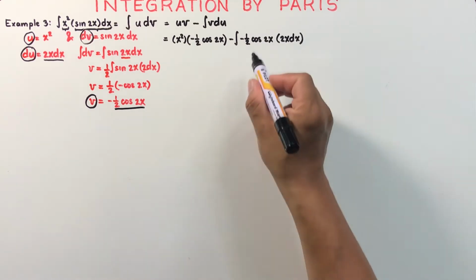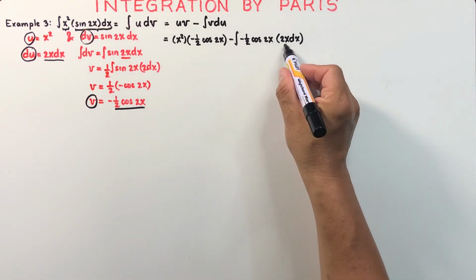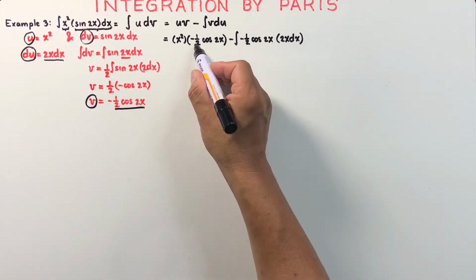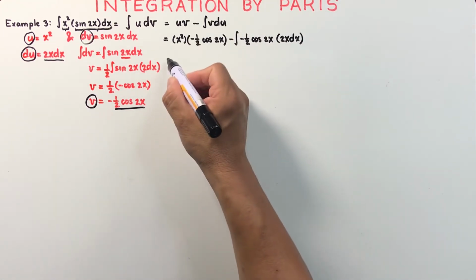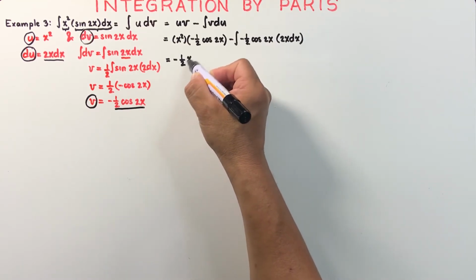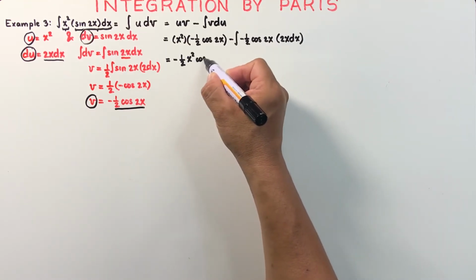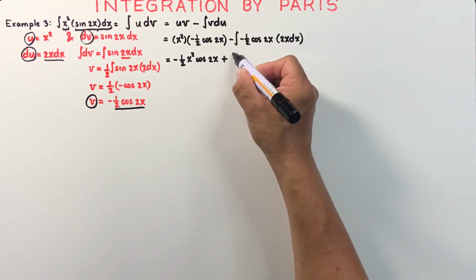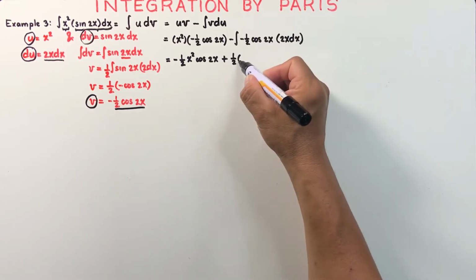So factoring these constants here outside the integral symbol and also this constant in front of x squared, we have negative 1/2 x squared times cosine 2x. And this will be added to 1/2 times 2.